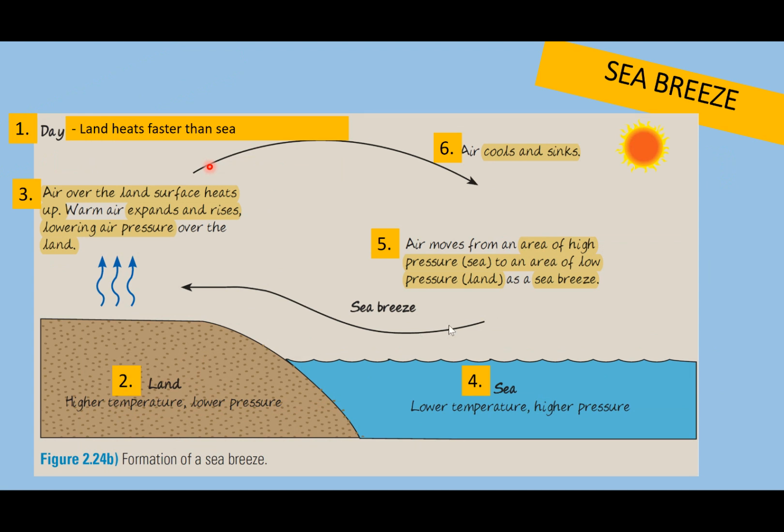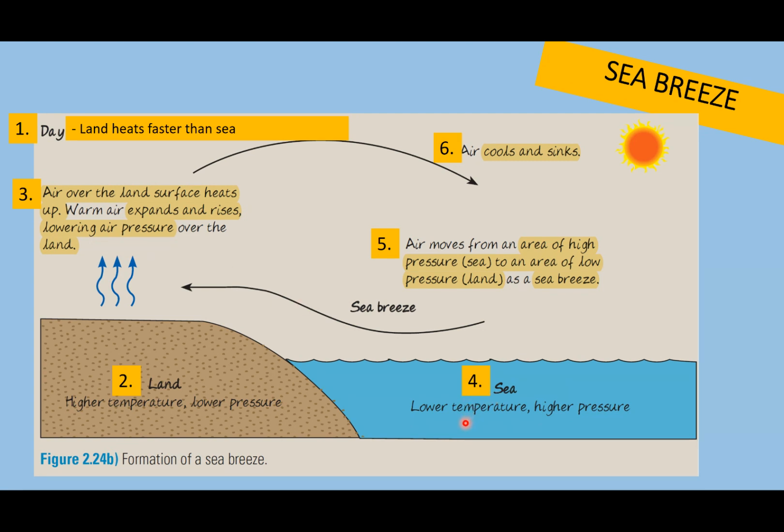Let's go to sea breeze. In the daytime, the land heats faster than the sea. So on land, there's higher temperature and lower pressure. Air over the land surface heats up, warm air expands and rises, lowering air pressure over the land. How about at sea?